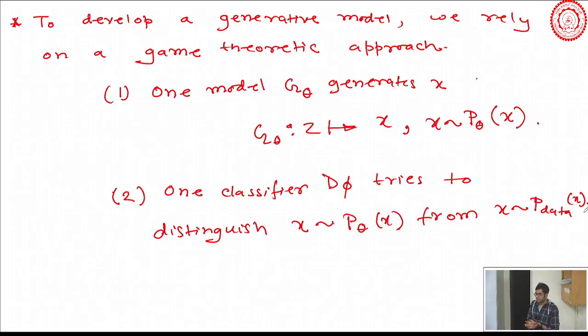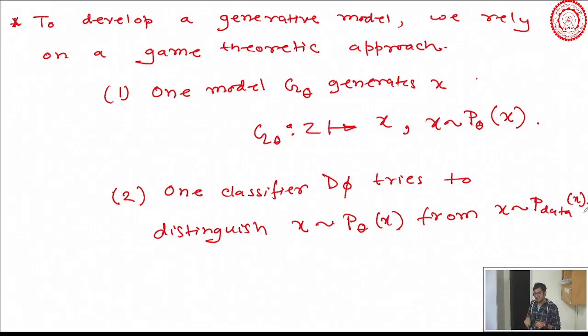What the discriminator, so now I'm coming to the name, although I may have said it once by mistake, what the discriminator or the classifier will do is that it will try to discriminate the two things. It will try to identify what is generated from the model and what is the true data. So basically, the generative model, the generator, is trying to fool the discriminator into believing that the data it is generating is true data.